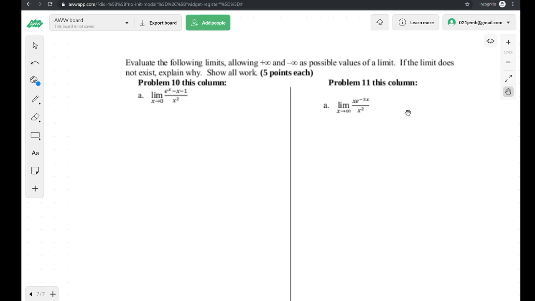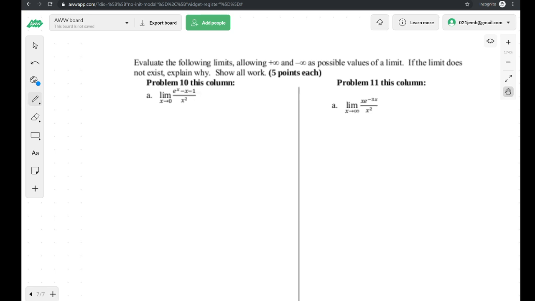So the limit of (e^x - 1) divided by x squared as x goes to 0. The first thing I will do is directly substitute x equals 0 into the function. We get e to the 0 minus 1 divided by 0, which is 0 over 0, an indeterminate form.